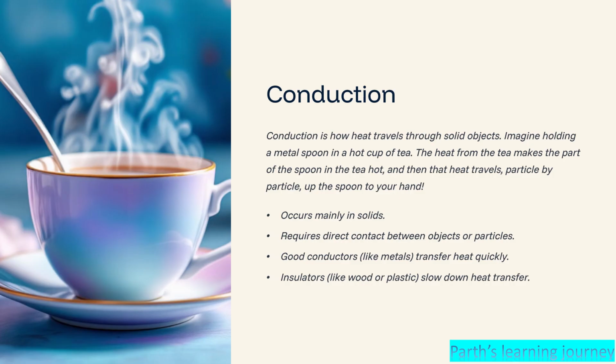Facts about conduction: it occurs mainly in solids and requires direct contact between objects or particles. Good conductors transfer heat quickly. Insulators slow down heat transfer. Let's move on to the second mode of heat transfer. Next slide.